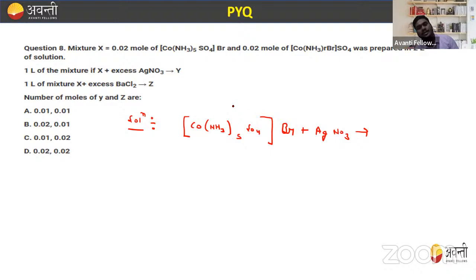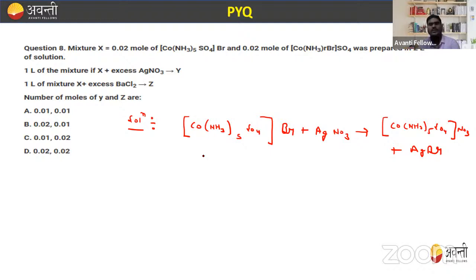The sulfate is unionizable, so this coordination pair does not break. So the formation is [Co(NH3)5SO4]NO3 plus AgBr.